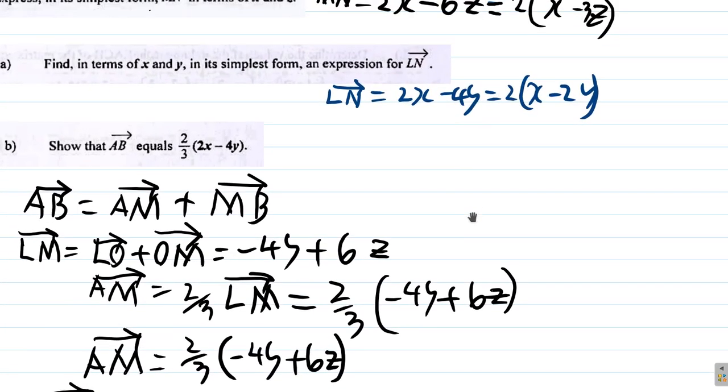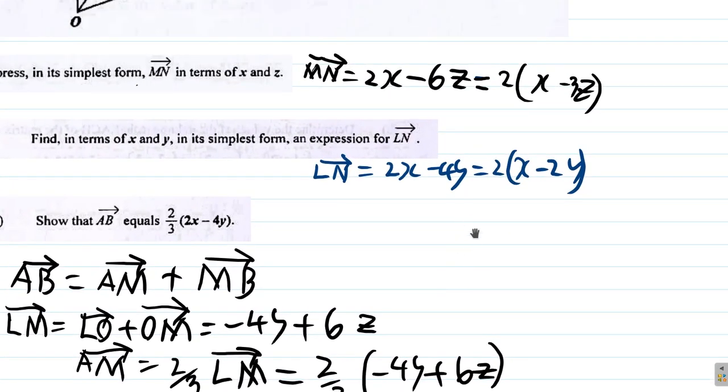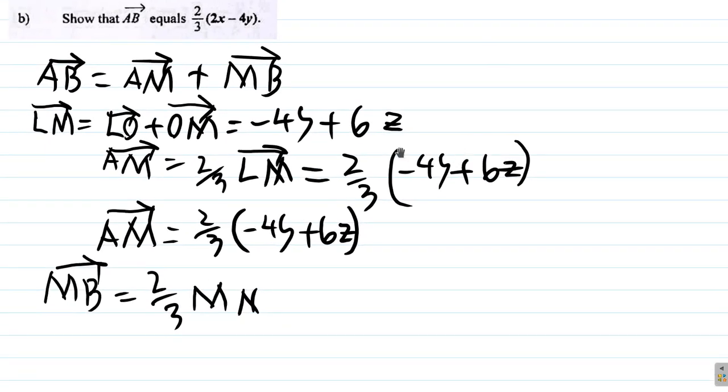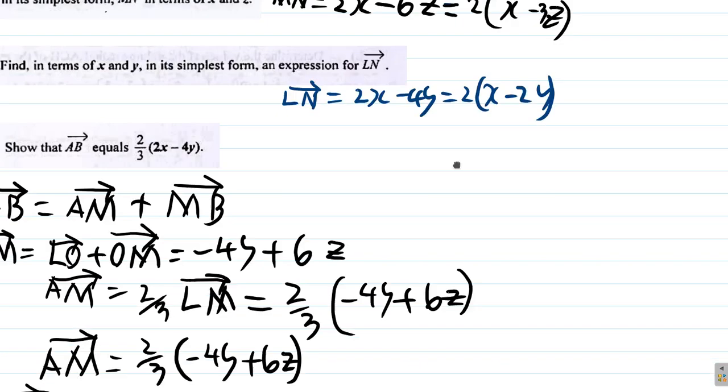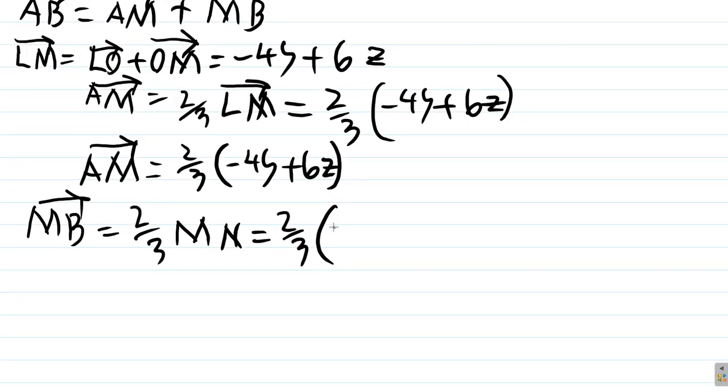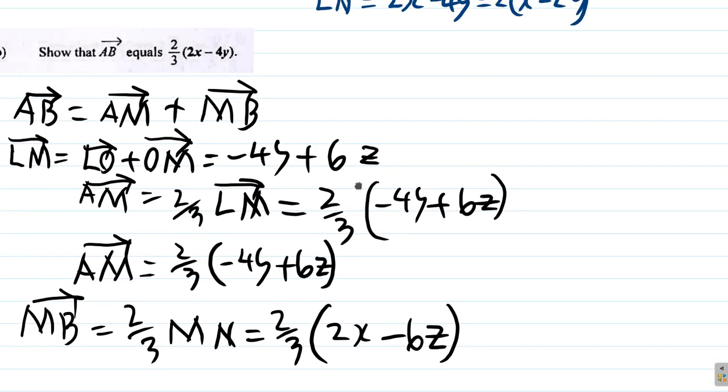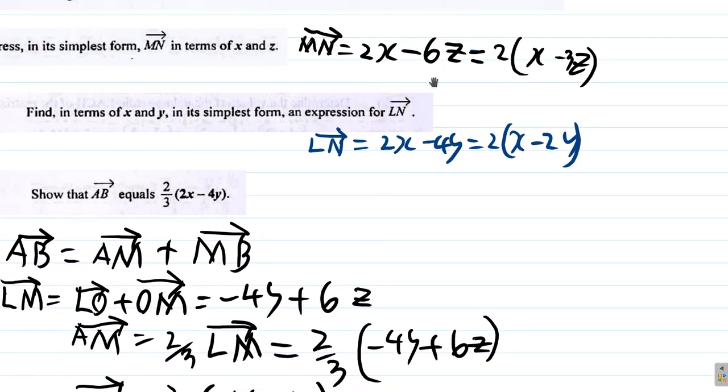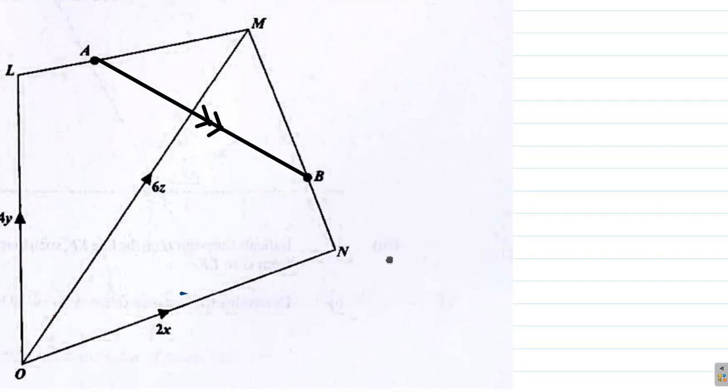So MN is 2x minus 6z. So this is 2/3 of 2x minus 6z. Make sure you see that part. 2/3 MN, which is 2x minus 6z.